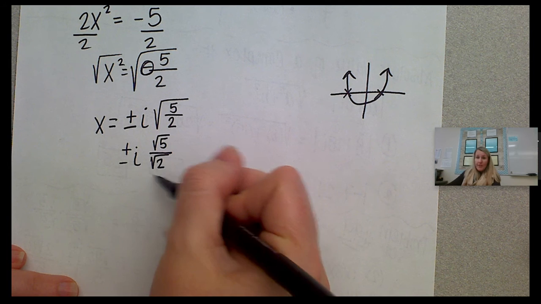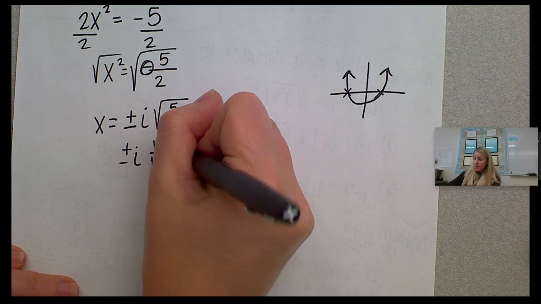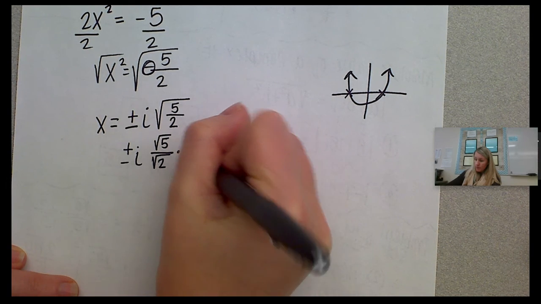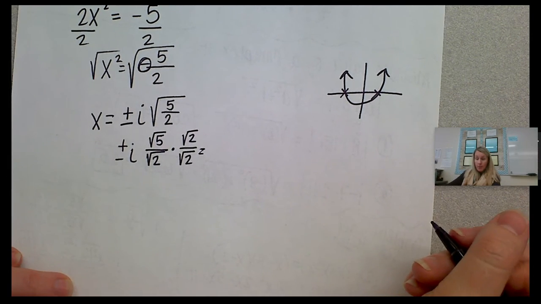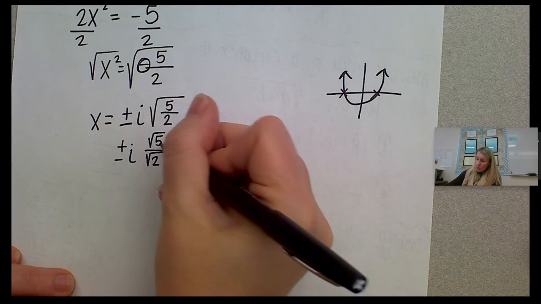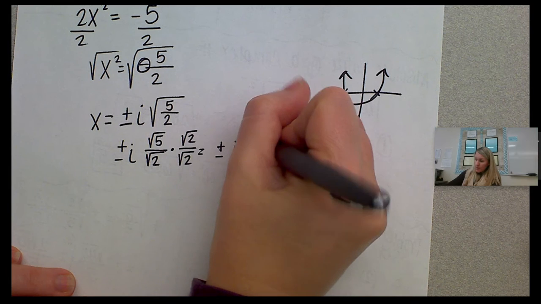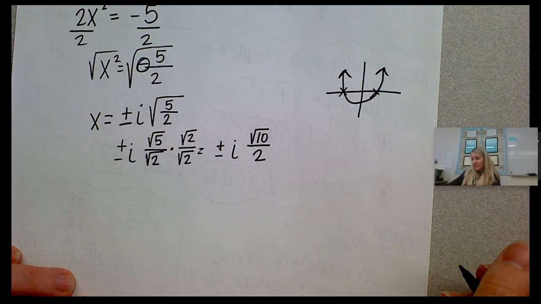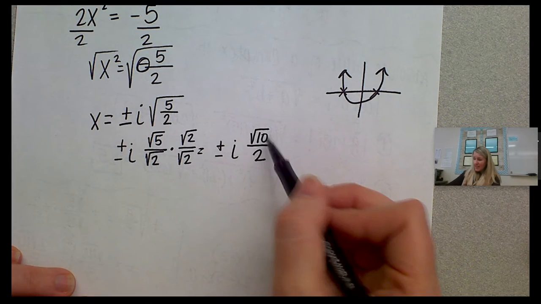We said we can't have a radical in the denominator, so I'm going to multiply by square root of 2 over square root of 2. And I end up with plus or minus i. When I multiply across, that would give me square root of 10 over 2.